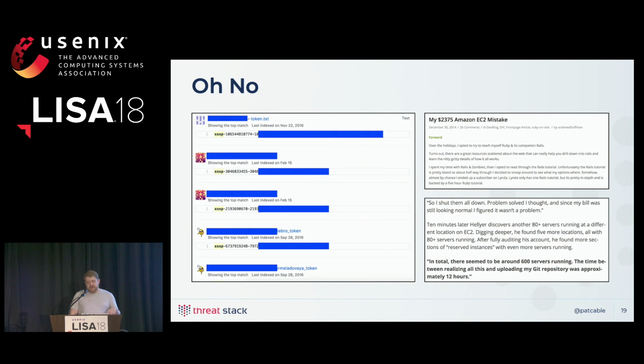Switching gears, credential theft, not a new problem. I always enjoy going on github.com sometimes and typing in XOXP or XOXB and seeing what kind of secrets you'll find in various repositories. If you've read anything about credential theft, the really popular story is Code Spaces.